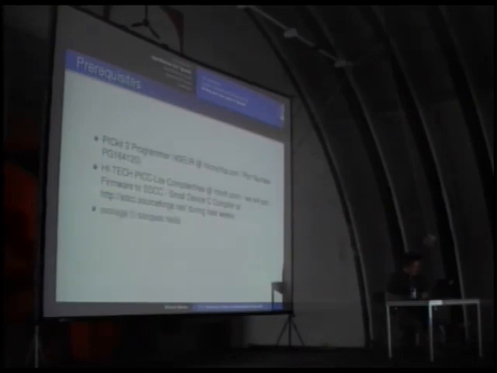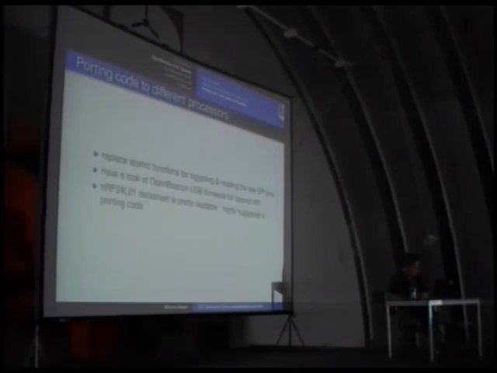Basically, you need average C compiler skills. I think the code is pretty readable, and you obviously need time. Porting, as already indicated, is pretty simple. You only have to replace some atomic functions which deal with setting and reading pins. I think it is very, very simple to port it to a different processor.